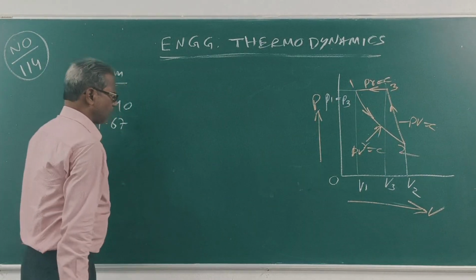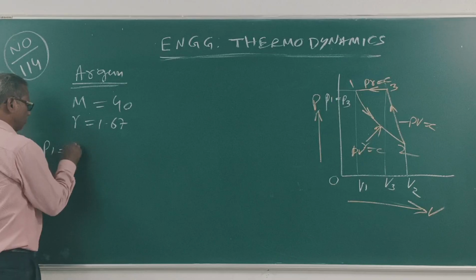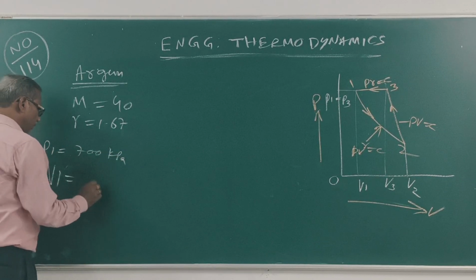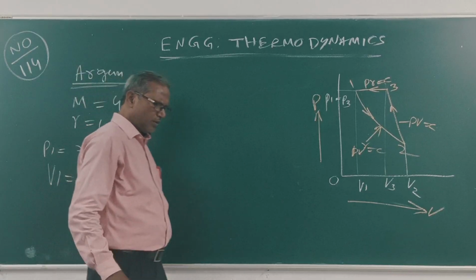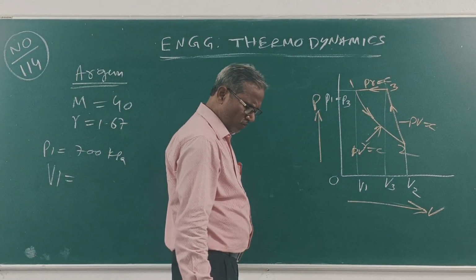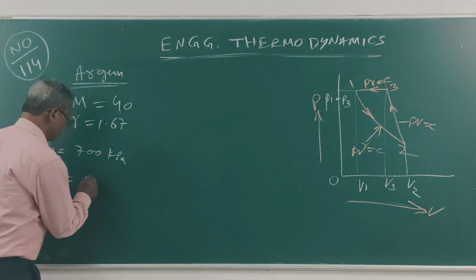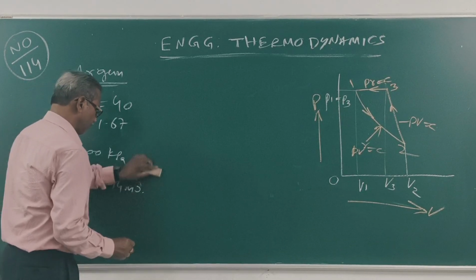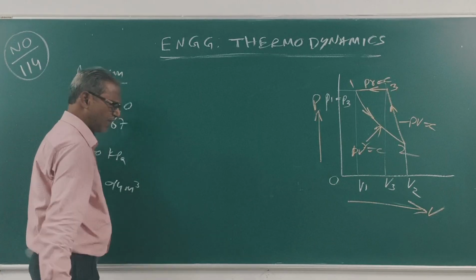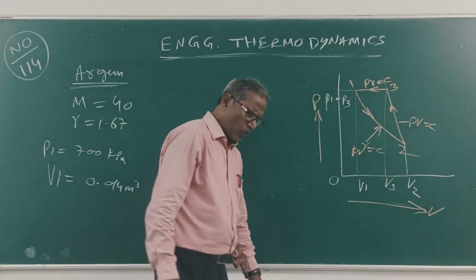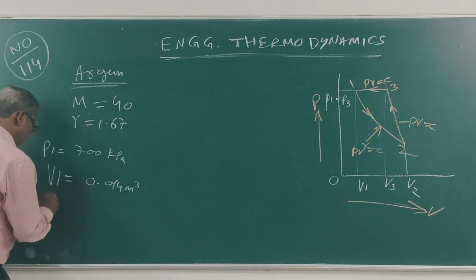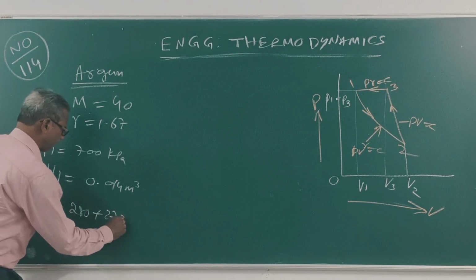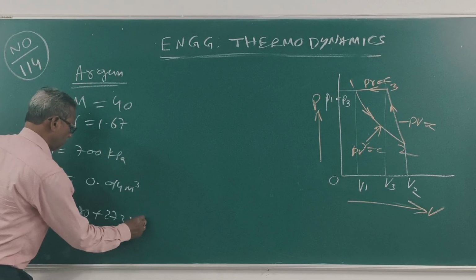Pressure P1 is equal to 700 kilopascal. V1 is equal to 0.014 meter cube. Clear? T1 is equal to 280 centigrade, so T1 is equal to 280 plus 273, 553 Kelvin.